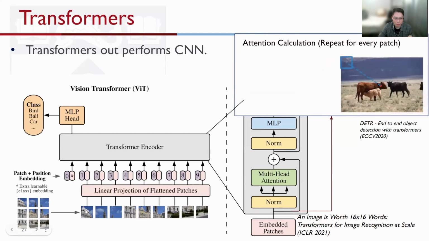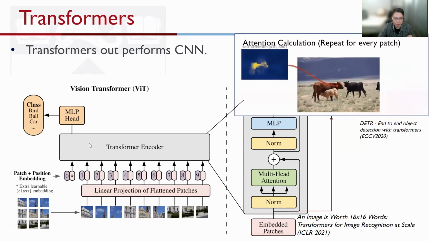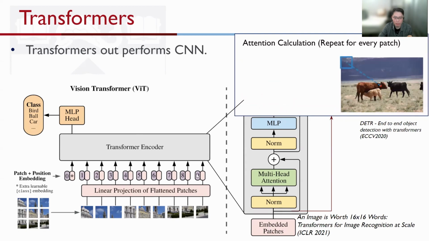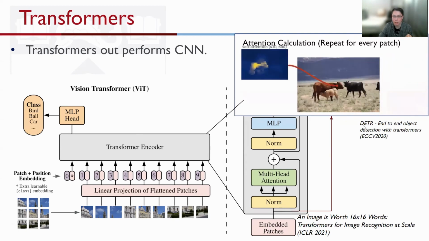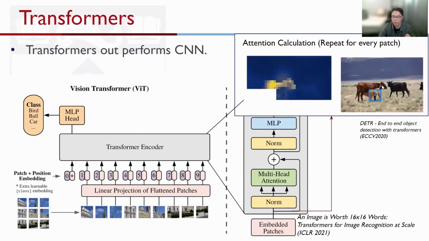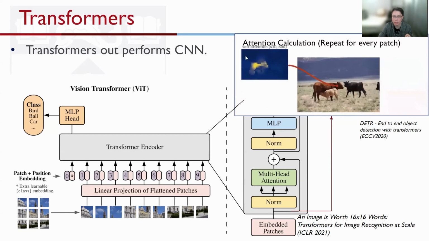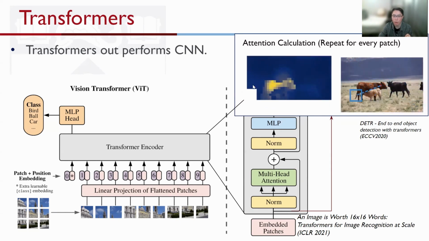When the patches are passed to the transformer encoder, the transformer calculates this multi-head attention. So the attention calculation process will look like this. For each patch, you calculate what the attention is with all other patches.